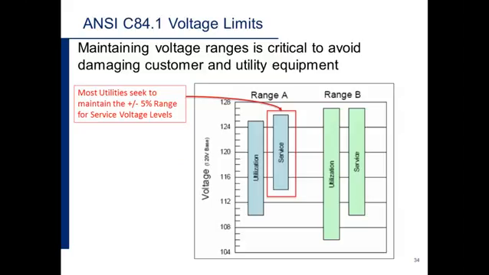So if we go to the next slide, you'll see that this is a voltage range limit, and in North America we try to adhere to this. It's based on the nominal voltage in the U.S. At a receptacle outlet it's 120 volts, so that's a 120 volt scale, and we try to stay within plus or minus 5%.